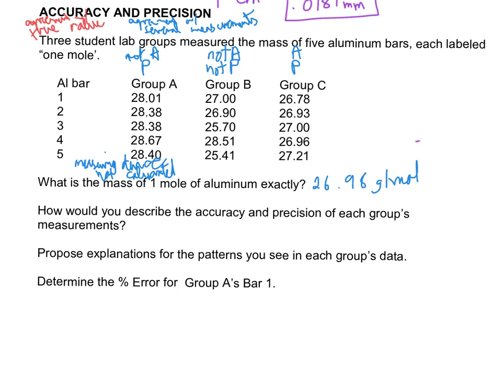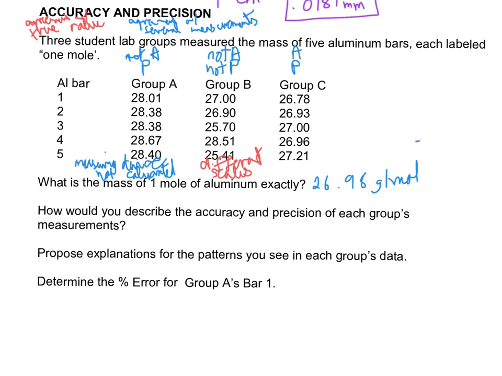Okay, how about Group B? They're neither accurate nor precise. Well, that looks to me like they are using different scales. When you have to compare values, you always want to use the same piece of equipment.